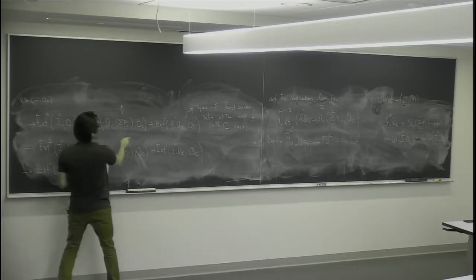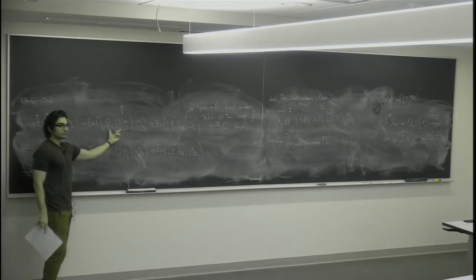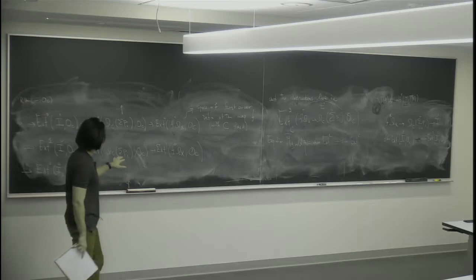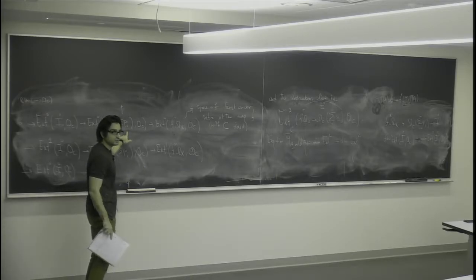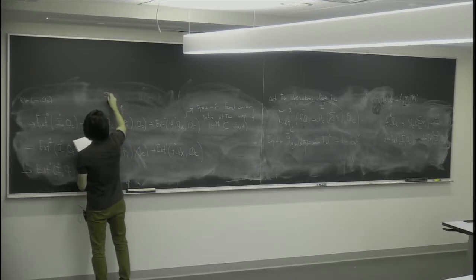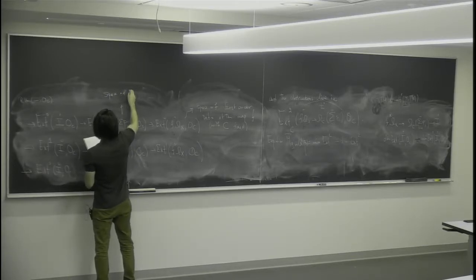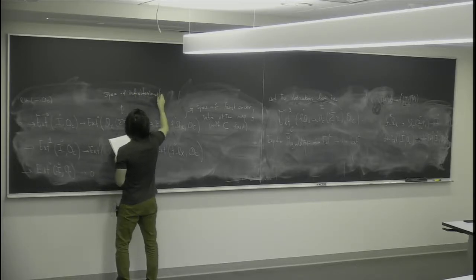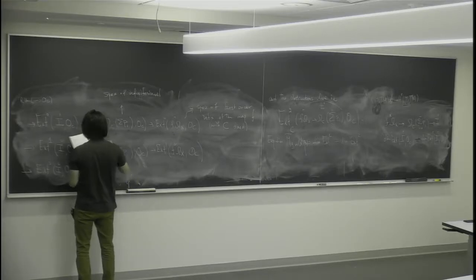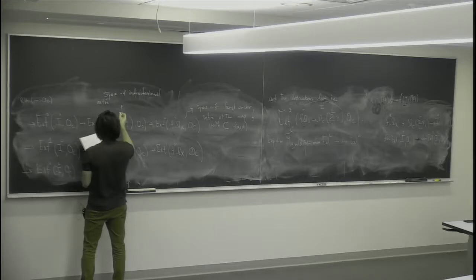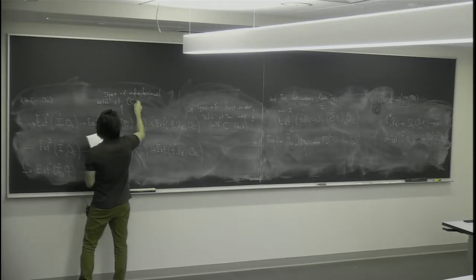If you use Serre duality or anything, you can actually see that this is just the space of infinitesimal automorphisms of the curve, together with these, of course. It sees these divisors.